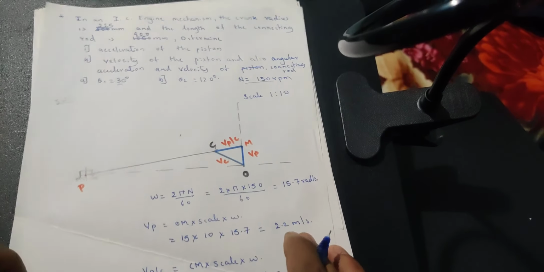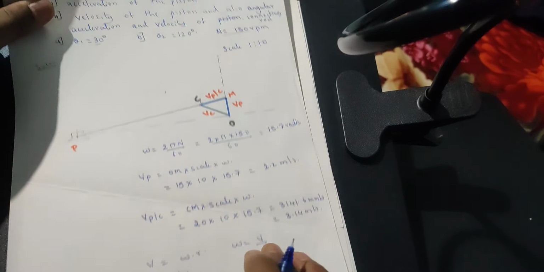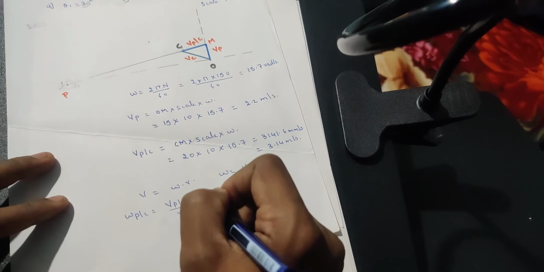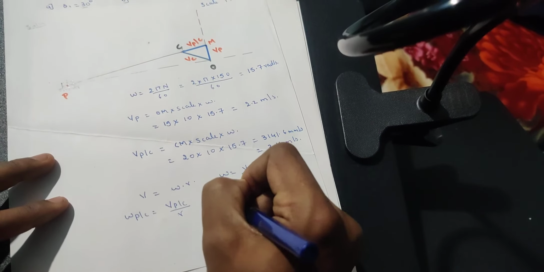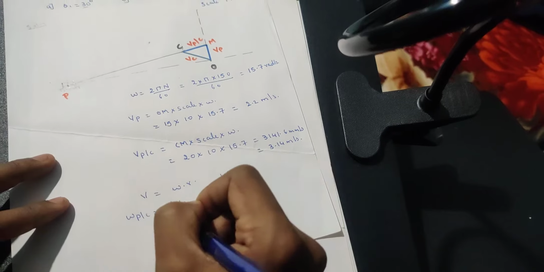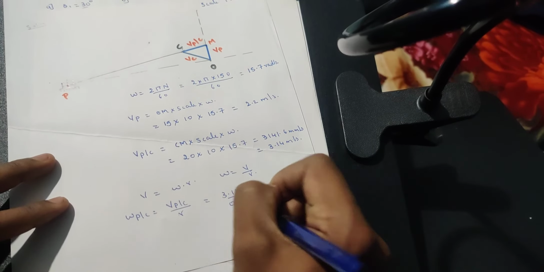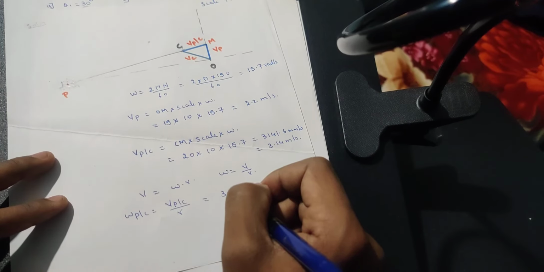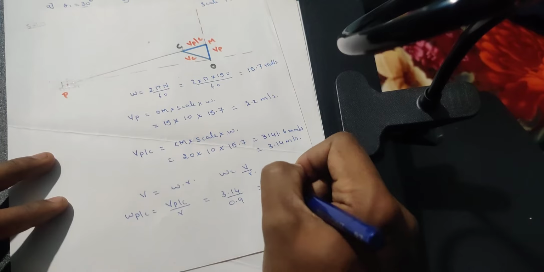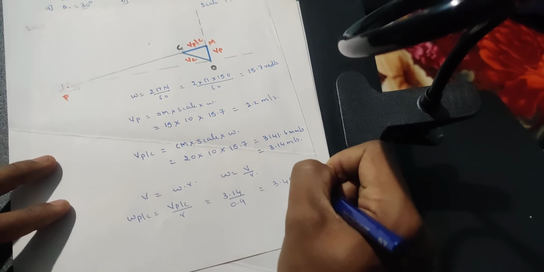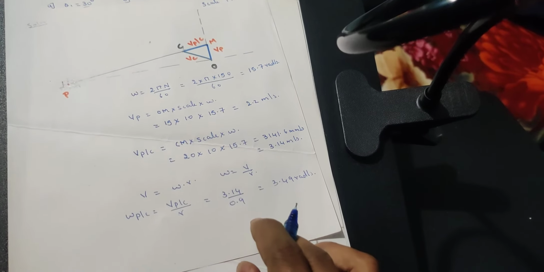If you check the problem here, the link length is 900 mm. We have taken velocity in meters, so this will be 3.14, and the radius also should be in meters, so it will be 0.9 meters. If you calculate it, you will be getting 3.49 radians per second.